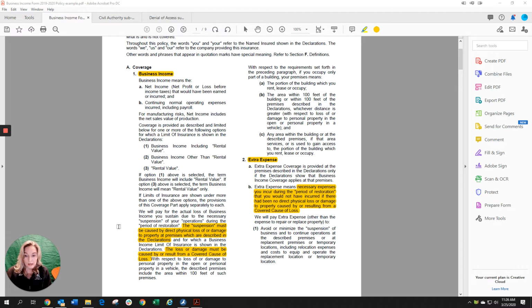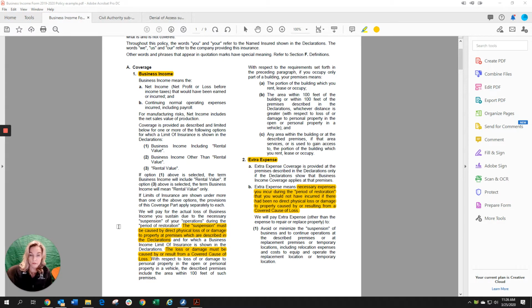The second part of that talks about the loss or damage must be caused by or result from a covered cause of loss. So in your policy, there are definitions of what's covered. To use an extreme, think about flood or war. War is not covered, neither is flood, typically speaking.